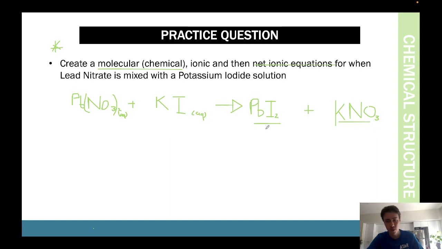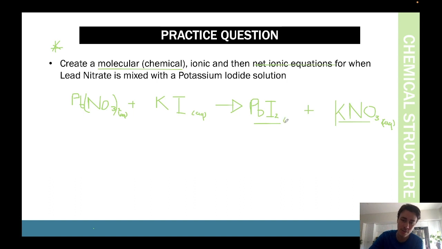Now, what's really important is we think back to our SNAP rule. What was the N in SNAP? The N was nitrate, so this has to be aqueous. Oh, that was terrible. That's meant to be a bracket there. It looks like an L. So this has to be aqueous because nitrate was part of the SNAP rule.